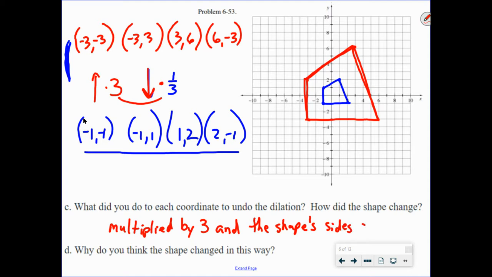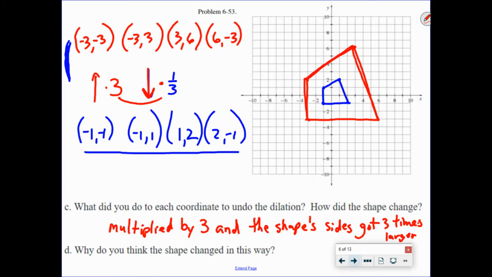Shape size got 3 times larger. Okay? And why do you think the shape changed this way? Well, we're multiplying by 3, so it gets bigger. All right? Multiplying by 3 makes it bigger. Multiplying by 1/3 makes it smaller.